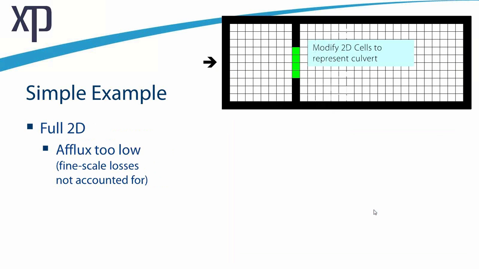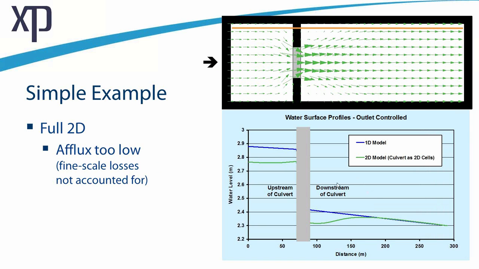Let's look at what happens when you make a little 2D model of that same setup. What occurs is that you get nicer flow patterns, as you can see at the top right. There's even a small eddy forming. And the water surface along the top line through there shows the water level rising slightly due to kinetic energy being converted to potential as it drops through the structure.